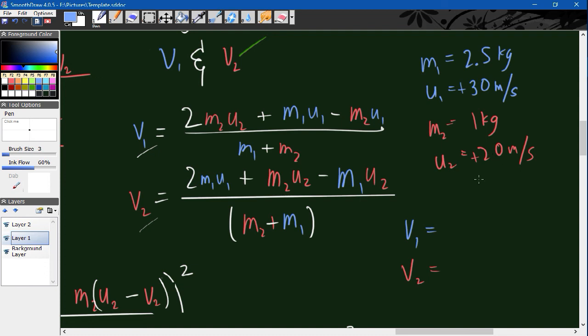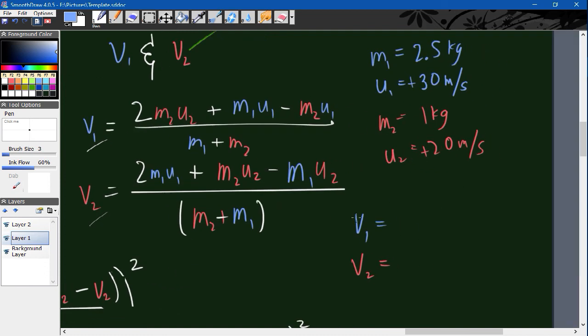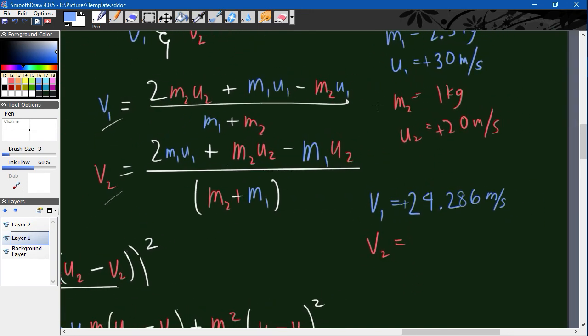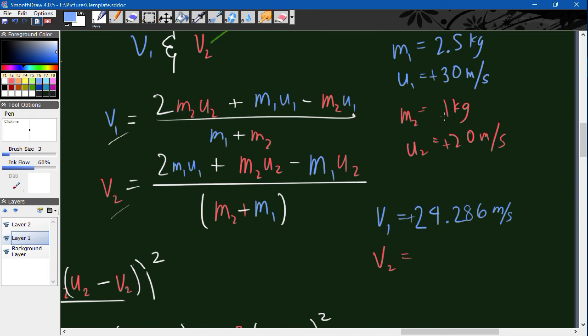So what I got in my calculator, I hope is correct, is 224.286 meters per second. Positive, of course. Hopefully. And then for the second one, we have 2.5 times 30.